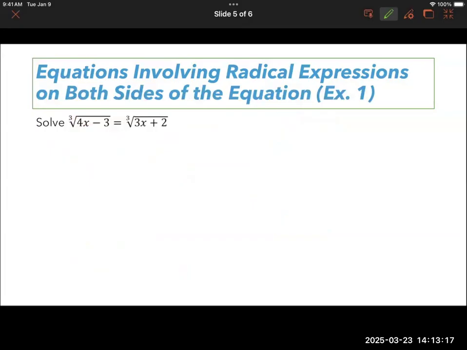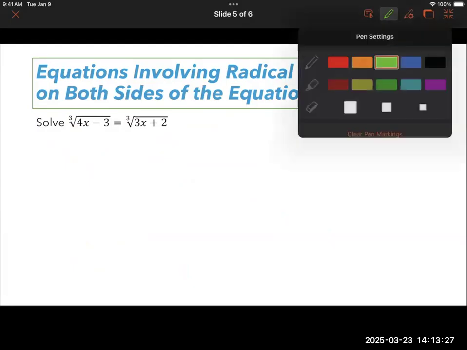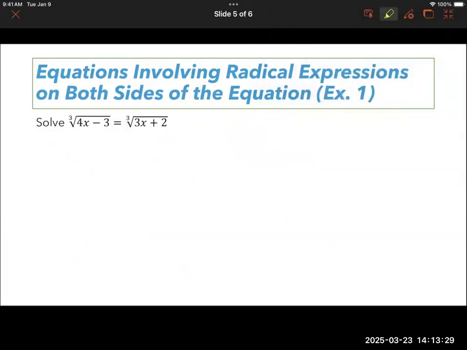The other possibility with radical equations is that you may have more than one radical in your equation. And there's a couple of different ways that this could happen. The first way is what you see here, where we have a radical that's been isolated on each side. So we have our cubed root of 4x minus 3 on the left with nothing else.